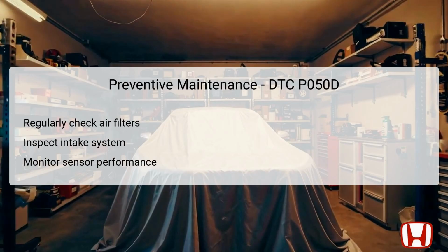Additionally, regularly monitor the performance of key sensors like the MAF and IAT sensors to catch any issues before they lead to serious problems. Implementing these preventive maintenance practices can greatly enhance the longevity of the vehicle's engine system and ensure smooth operation during cold starts.